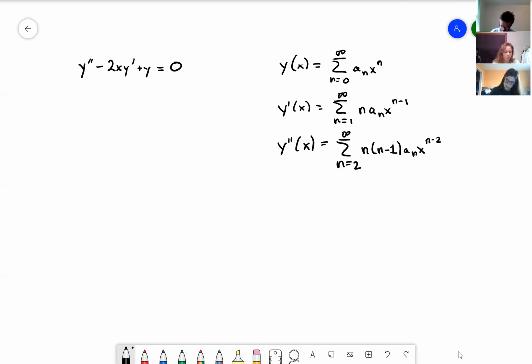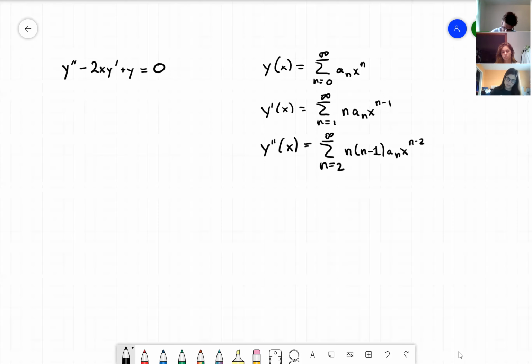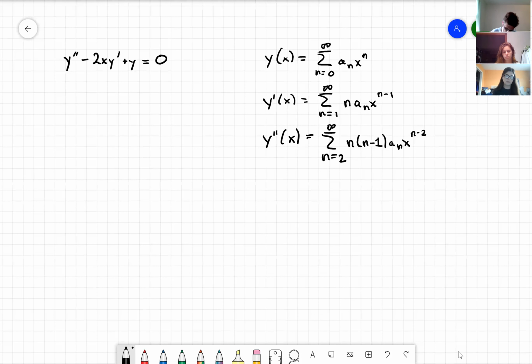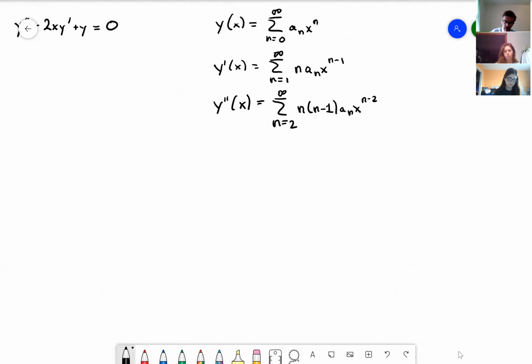So in order to do that, we want to make sure that all of the x to some powers are all to the same power. So y of x doesn't need to change, but y prime of x needs to be rewritten, and let's just write it beneath it. It needs to be rewritten so that instead of having x to the n minus 1, we have x to the n. So we're going to do a shift of indices.